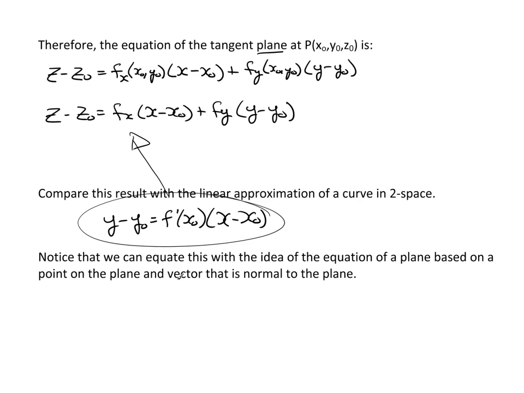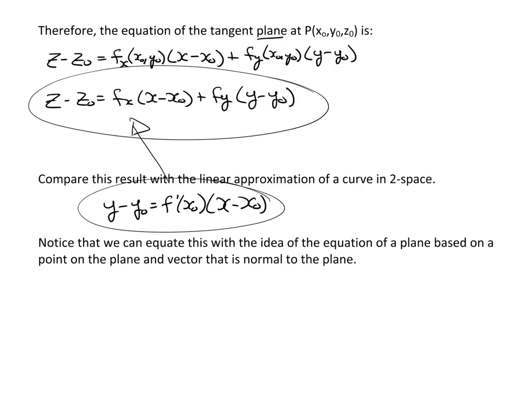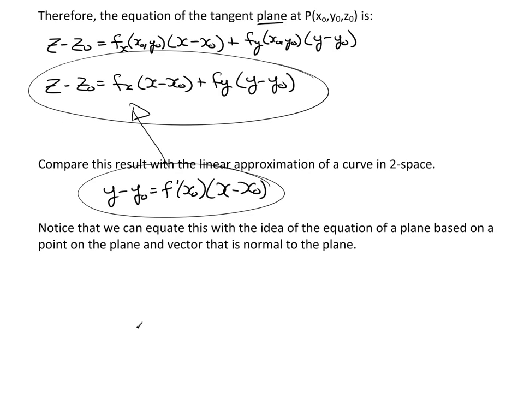Now, I can equate this plane with the equation of a plane based on a point on the plane and the vector that's normal to the plane. So I can make a quick jump to the idea of using vectors. I'm going to rewrite this: z minus z naught equals the partial of x times x minus x naught plus the partial of y times y minus y naught.